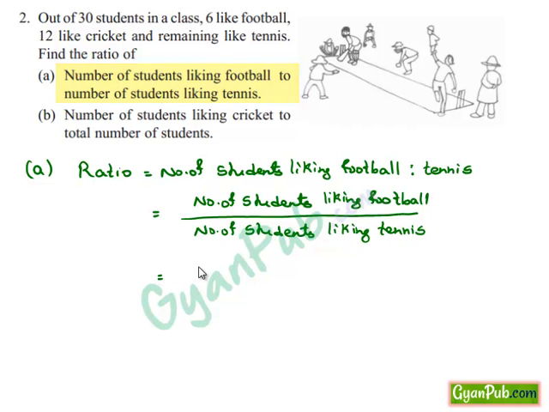Here we can observe that 6 and 12 have no units and these are numbers. So we can compare the numbers. Therefore, ratio is number of students liking football is 6 upon number of students liking tennis is 12.